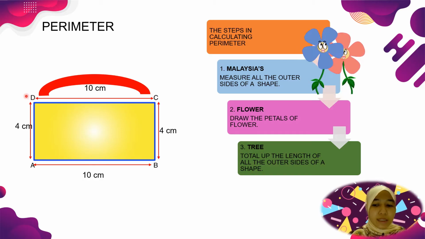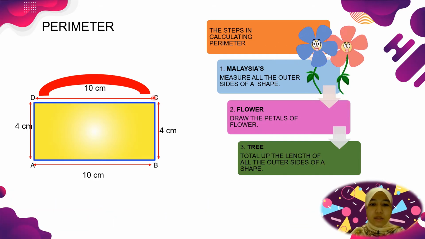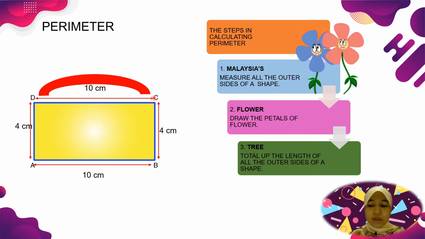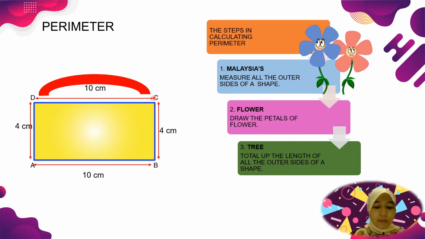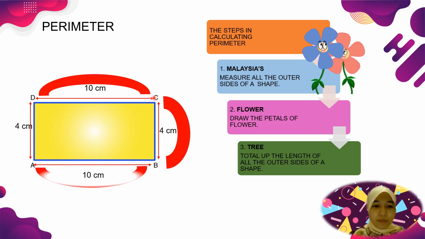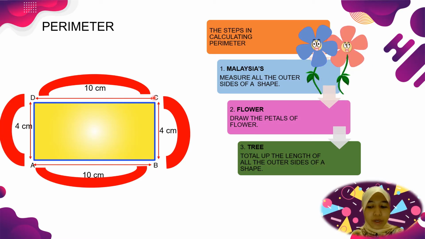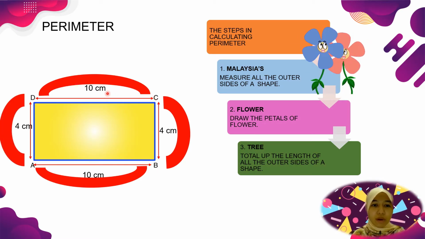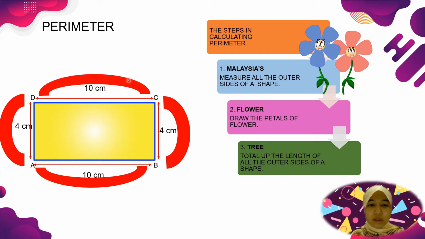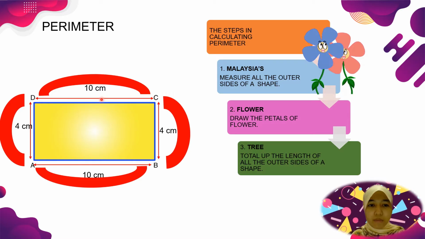From the point D, draw a petal line to the point C. Next, continue to petal line to the following points. Point C to point B, point B to point A, and lastly, point A to point D. So, we got 4 petals on all the sides of the rectangle that we want to measure the perimeter.